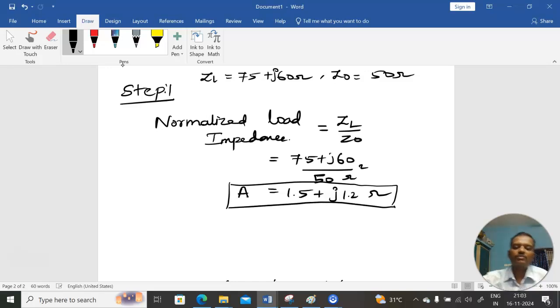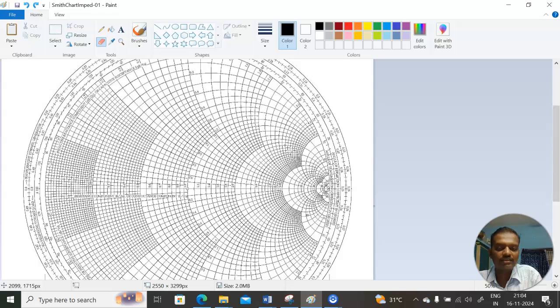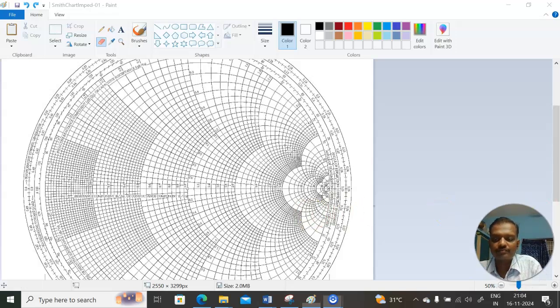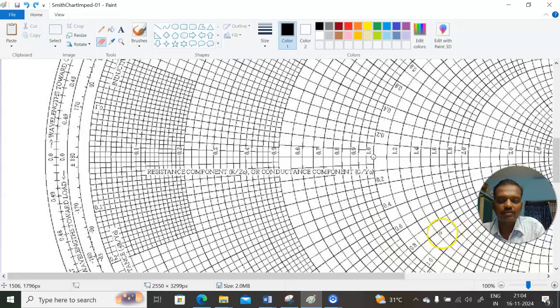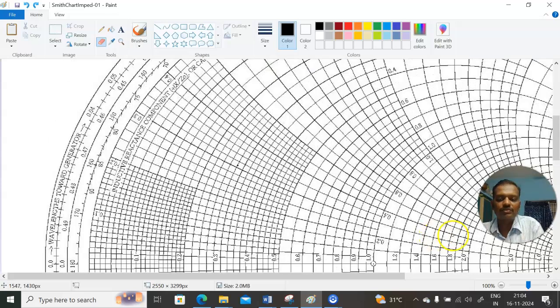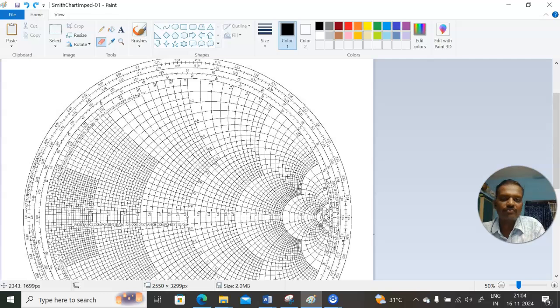So let's move on to the Smith chart. I have taken the Smith chart in the form of a Microsoft Paint image. The Smith chart consists of two halves.